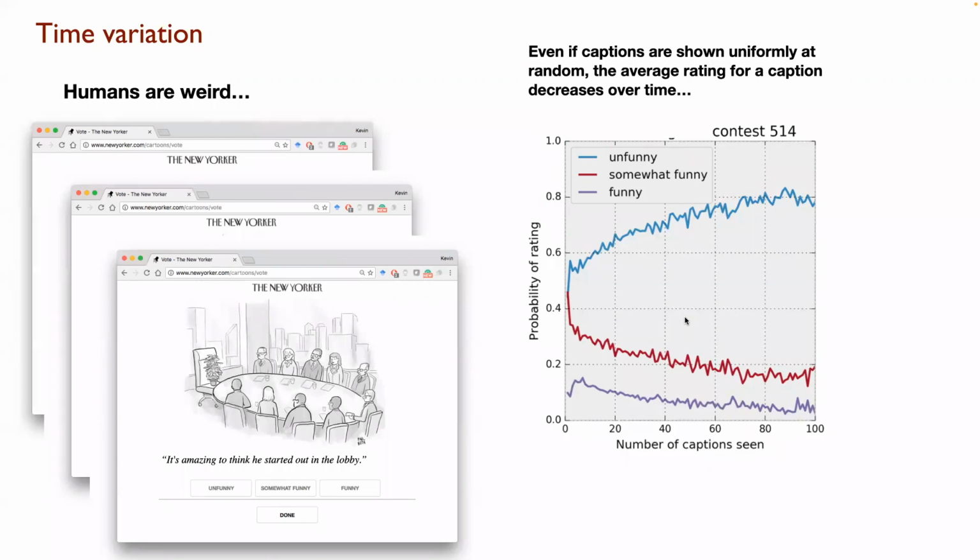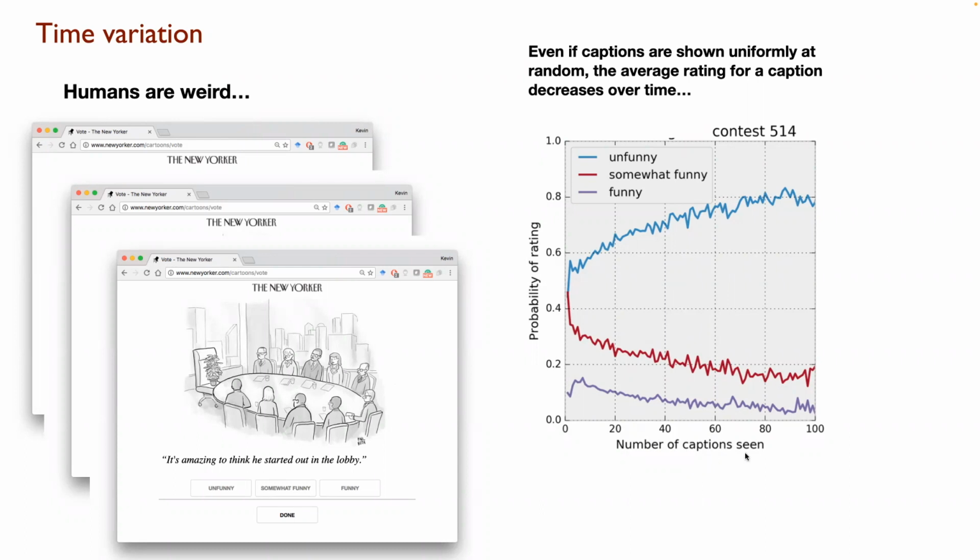If people were Bernoulli sources, so if it was an individual person getting random captions that were uniformly at random shown, then when I average over people, the probability of giving unfunny, somewhat funny, or funny should just be constant lines with respect to the number of captions they've seen.